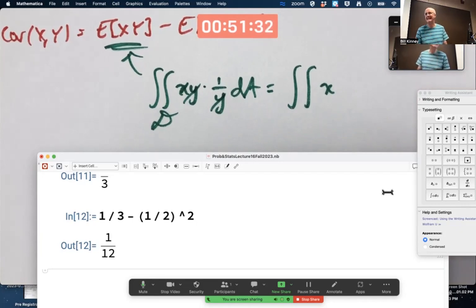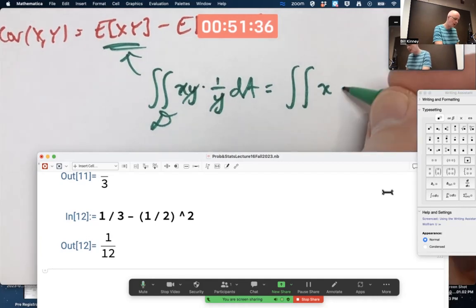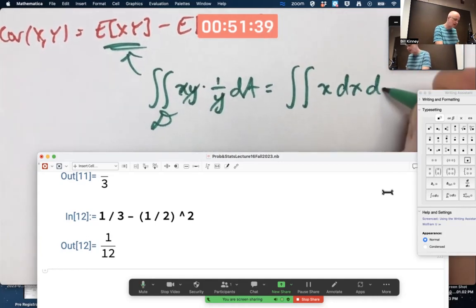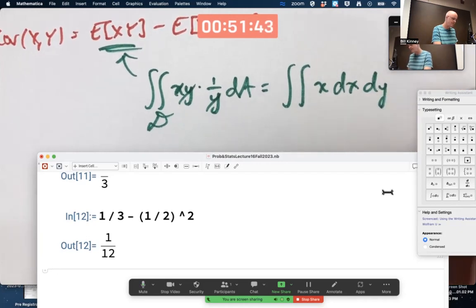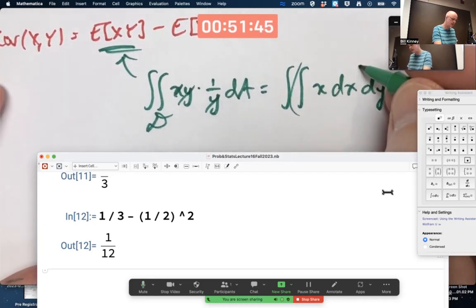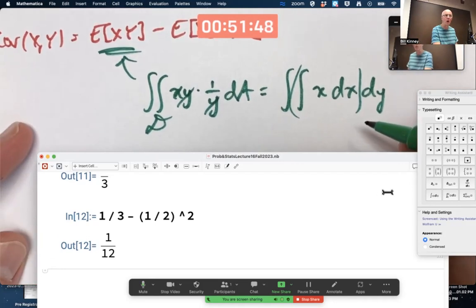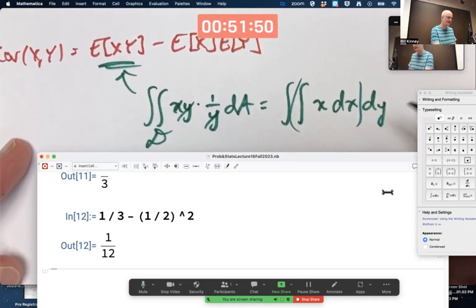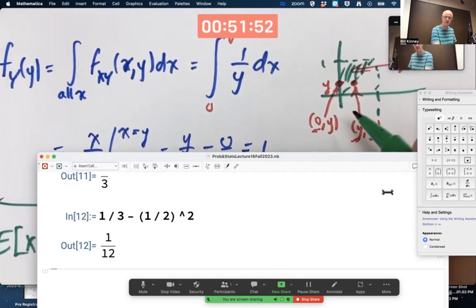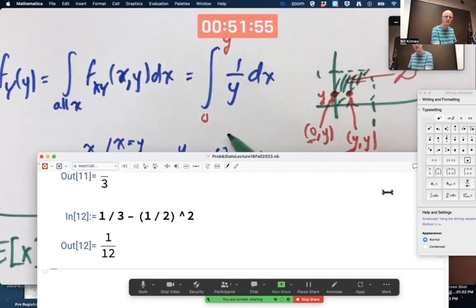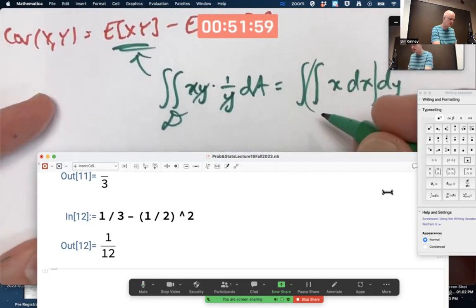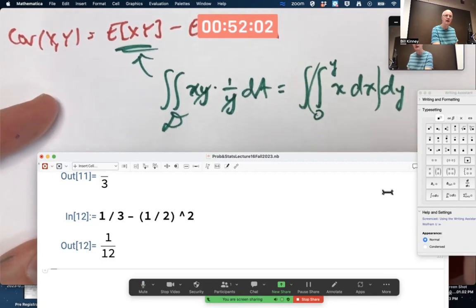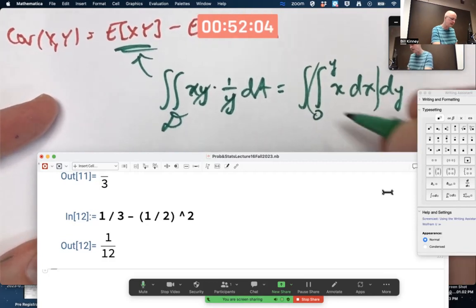It is possible that one way is easier than the other. I don't know offhand which way is going to be easier. I'll imagine doing it with respect to x first, then y. So the integral with respect to x first, thinking of y as fixed, is analogous to what I did up here. The limits of integration have to be 0 to y. And y ultimately goes between 0 and 1.